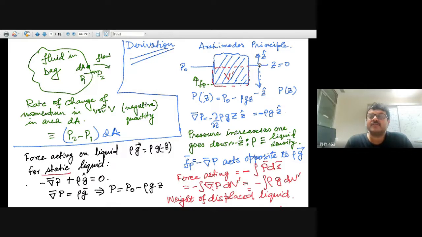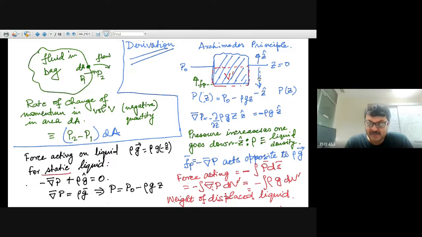The pressure on the surface of water or liquid is P0. Here there is air, and this is of course water or liquid. As you go up, the pressure is decreasing: P equal to P0 minus rho gz.